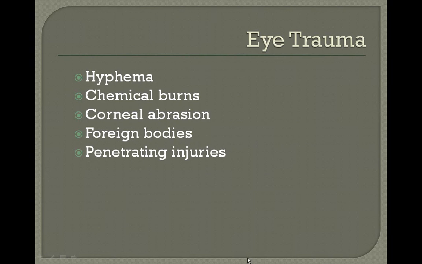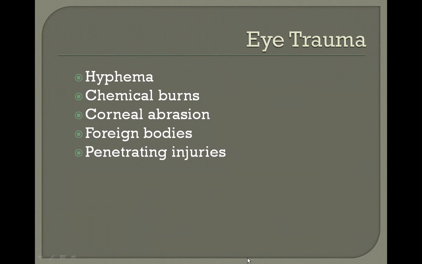Now, we already talked about keratitis a little. We talked about keratitis where the person had an infection of the cornea. With the corneal abrasion, this can happen from contact lenses, eyelashes, small foreign objects, or foreign bodies such as dust or a fingernail.